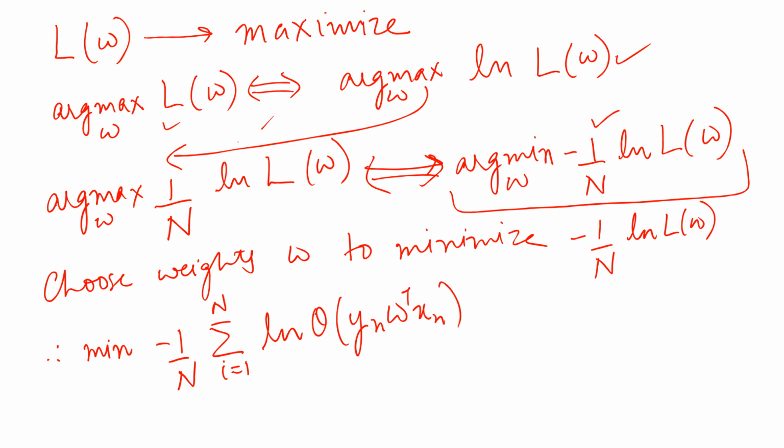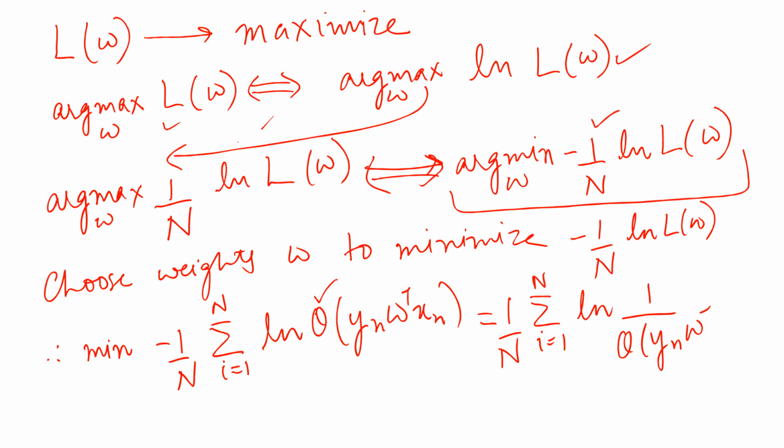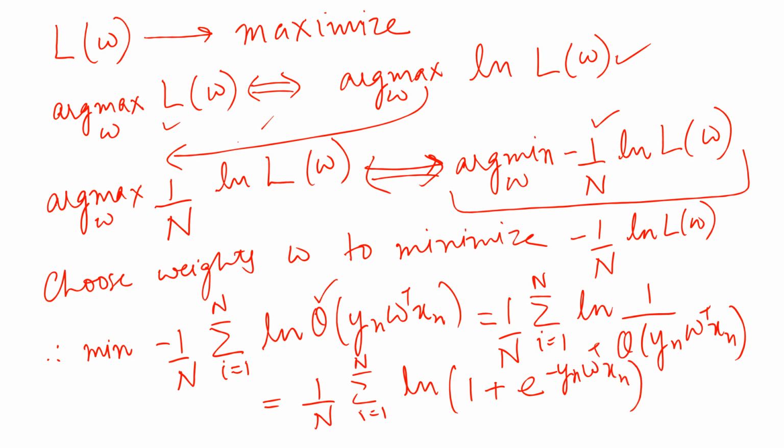And remember this was also a mathematically very convenient function, the sigmoid function, so we can rearrange the terms, because the negative sign goes in, and this is a sigmoid of yn w transpose xn. This can be simplified to 1 over n, sum from i equals 1 up to n, of log of 1 plus e to the minus yn w transpose xn.